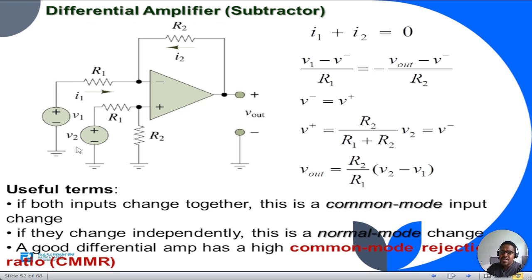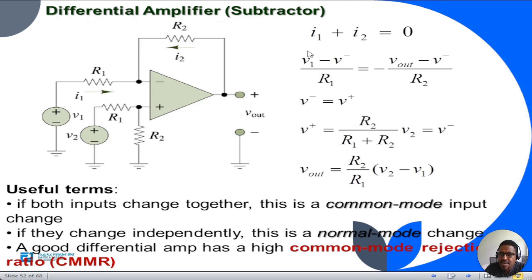In the next part you will see the differential amplifier, that means subtractor. When our op-amp has different input circuits, but we need the difference. So let's see how to analyze the gain of these outputs. In the differential amplifier, to determine V out, apply KCL, I1 plus I2 equal to 0.